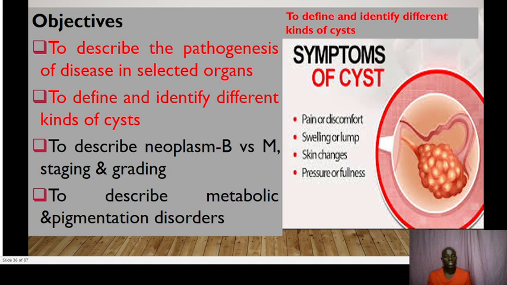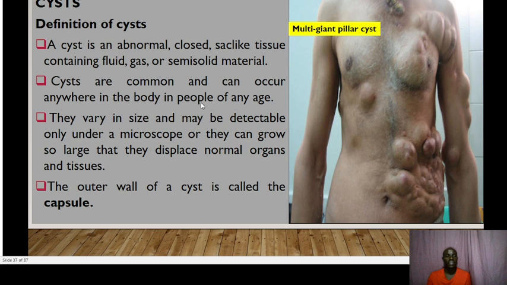Okay. So the next thing, guys, we're going to define the different types of cysts. Of course, with symptoms of the cyst, the patient will present with pain or discomfort because of the encroachment of different spaces, swelling or lump, skin changes, and pressure or fullness.